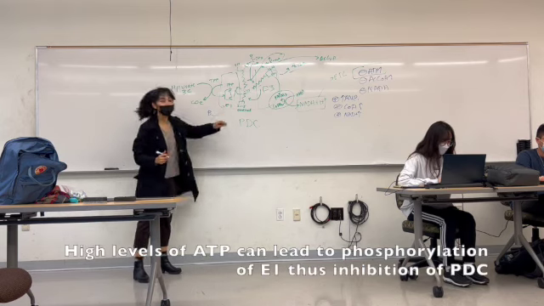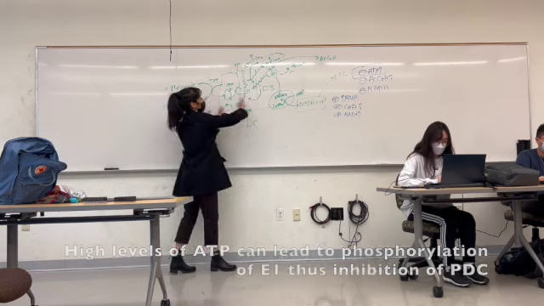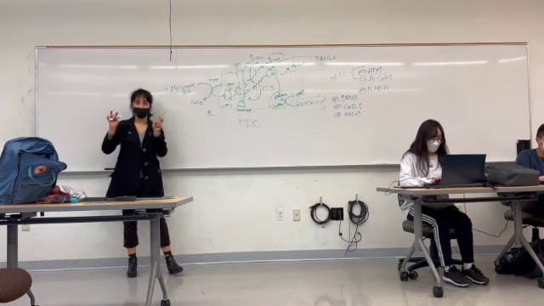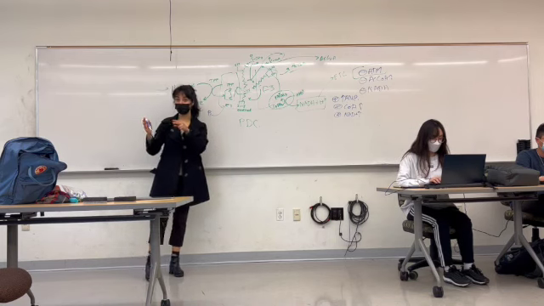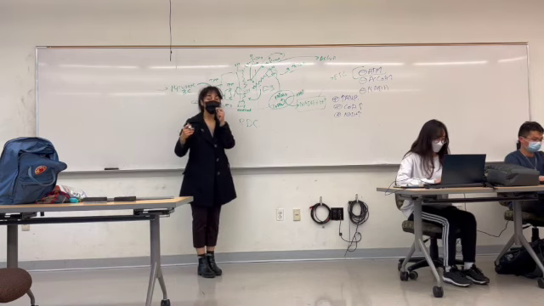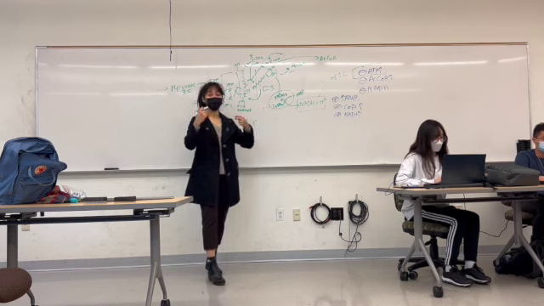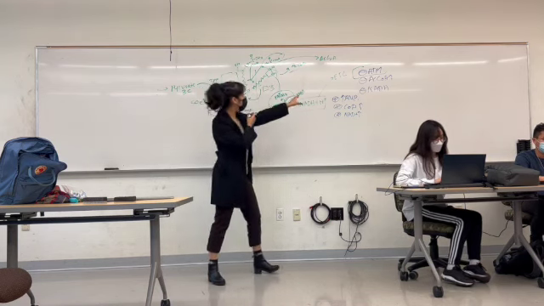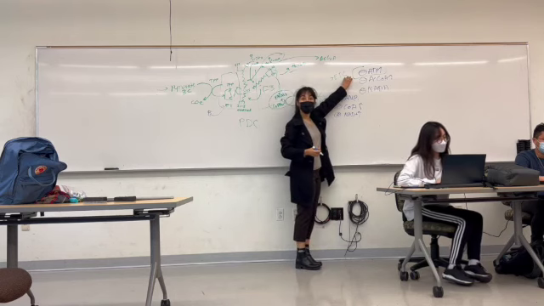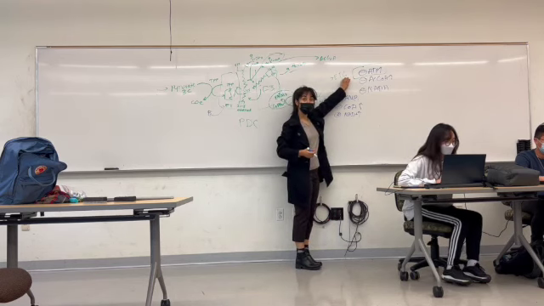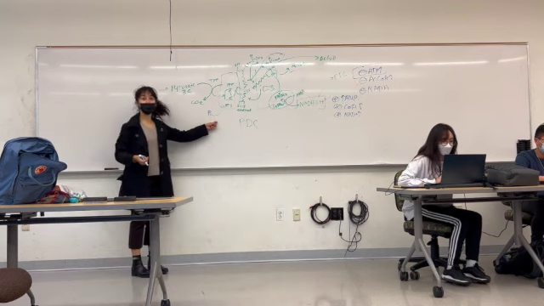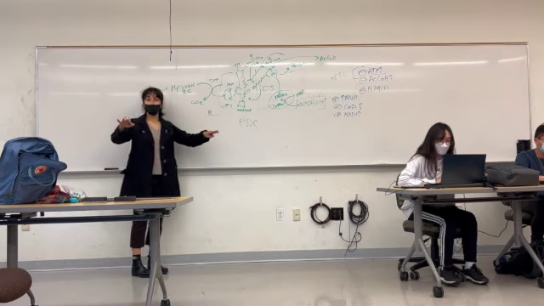When you phosphorylate E1, you stop this whole process. So it's actually done by a kinase, which makes sense. Remember what a kinase is? A kinase is something that's transferring a phosphate group from a very high energy carrier. If you have a lot of ATP, you're going to use a kinase on this, taking a phosphate off from this and putting it on here, and it stops PDC.